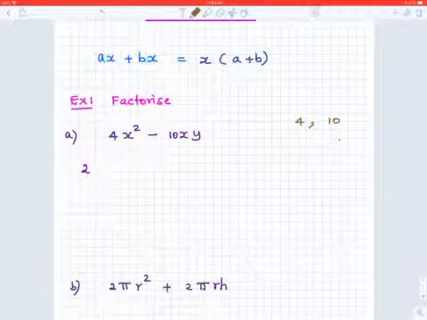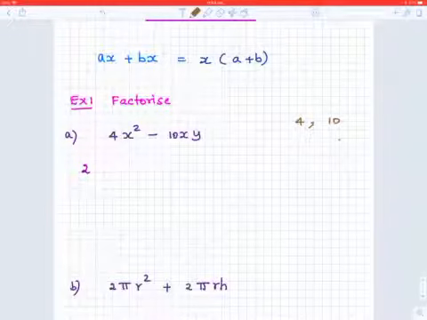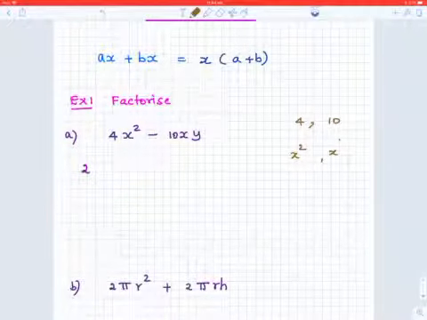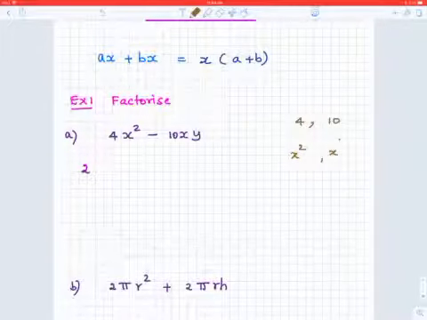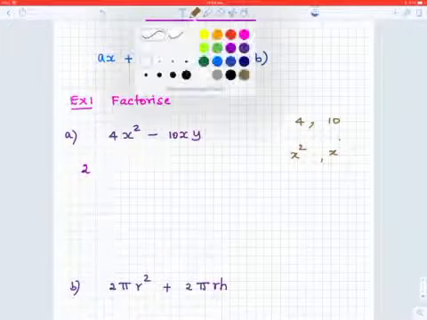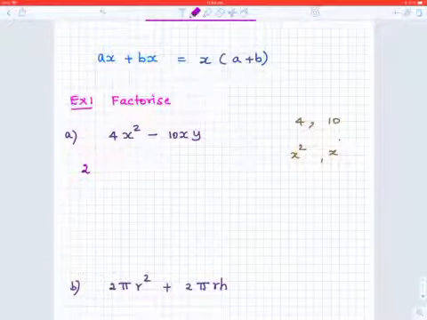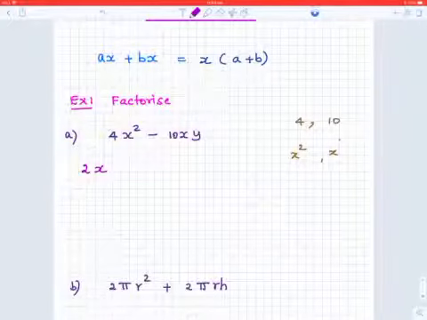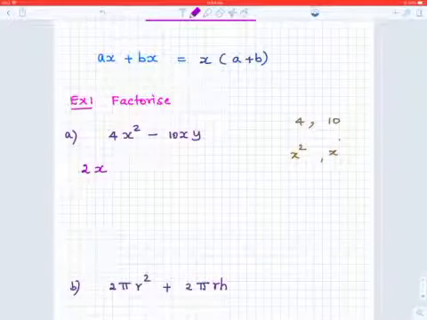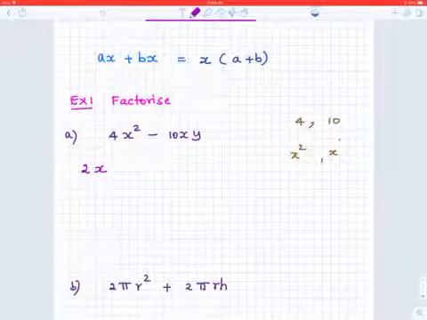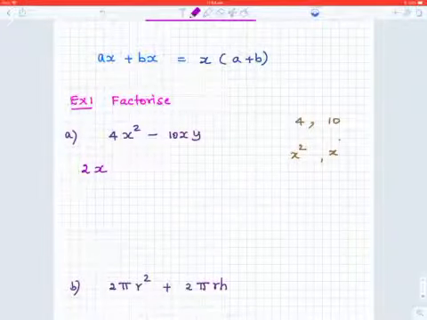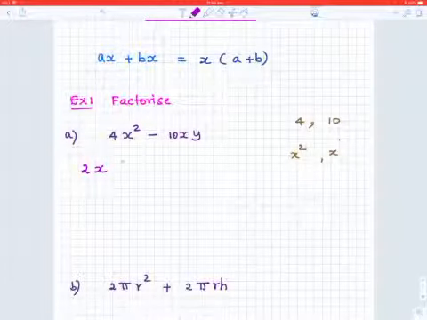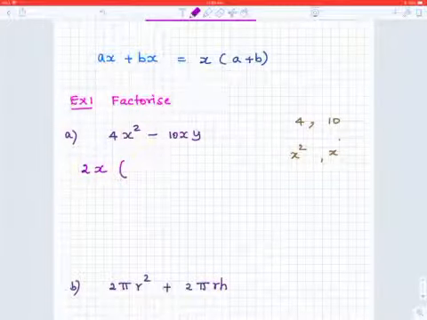Next I'm going to write the pronumeral part, which is x squared and x. x is going in both, so I'm just going to write x here first. Then there is no y term in the first term, but there is y in the second term, so we cannot take anything out. Now there is no more to take out, so I'm going to put the bracket.